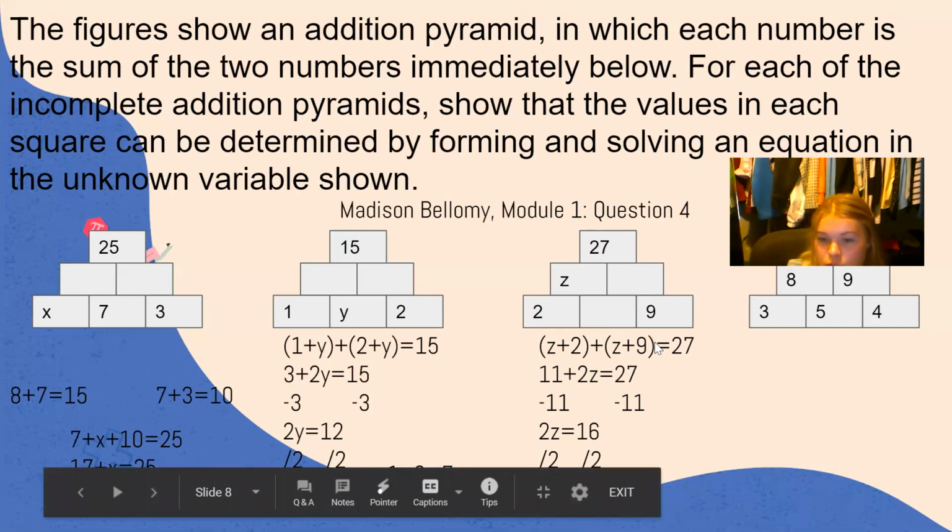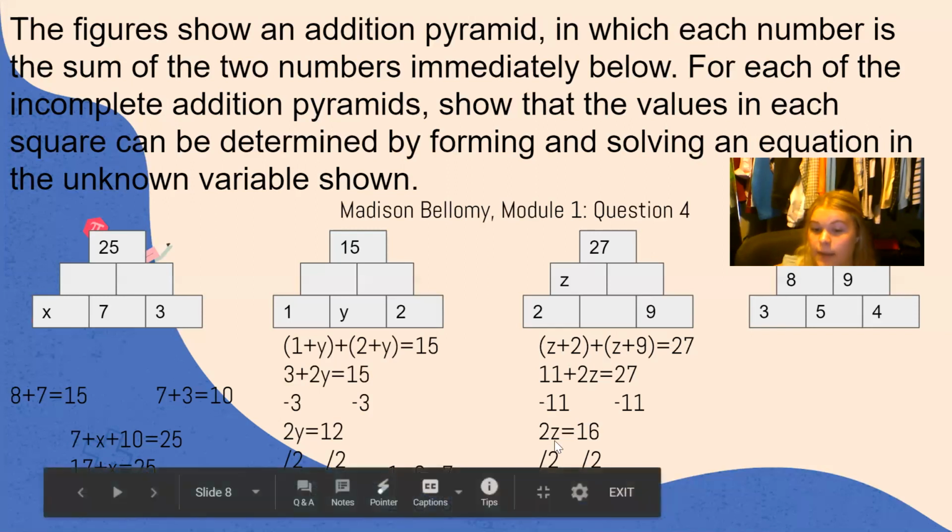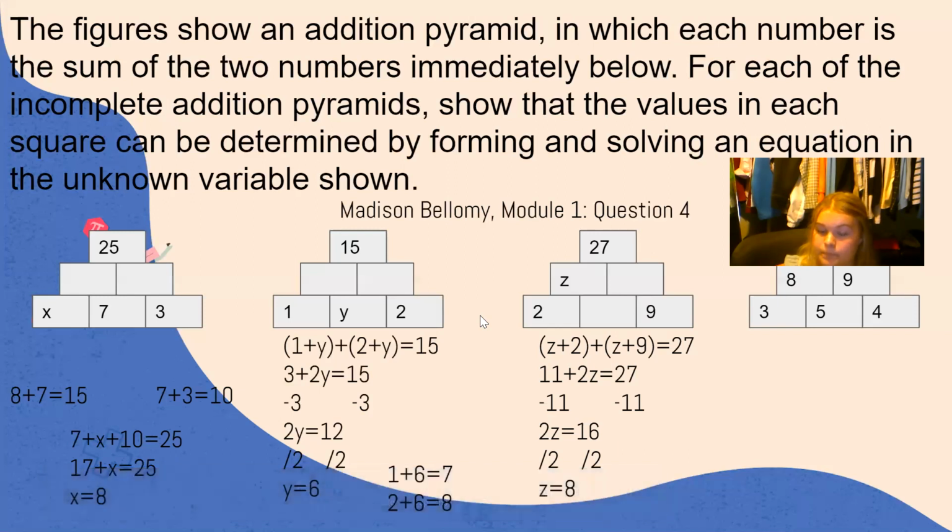So again, we're going to combine our like whole numbers, which is 9 and 2, so we would get 11, plus 2z, just like we did in the last one, plus 2z. So we're going to subtract our 11 from 27 to get 16. And again, our 2 and our z are bonded by multiplication, so we are going to have to unbond those by division. So 2z divided by 2 and 16 divided by 2 would get our equation to z is equal to 8.